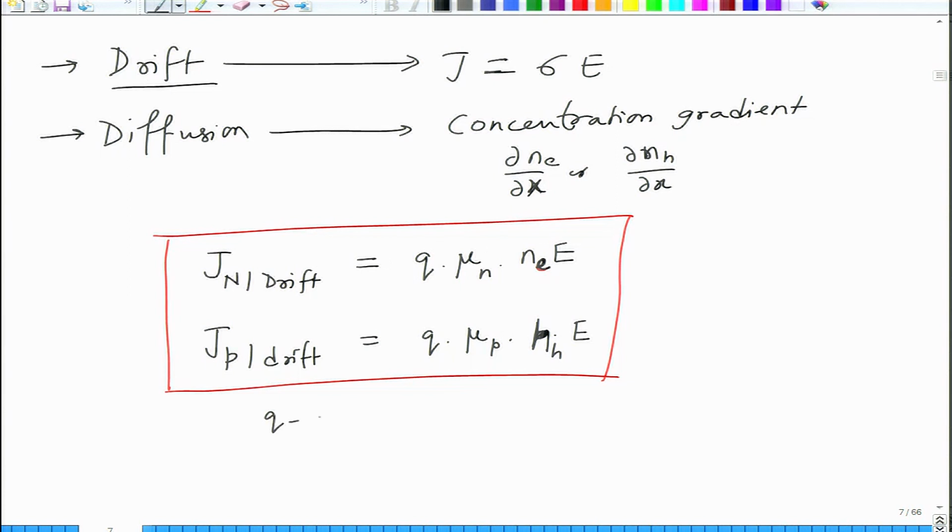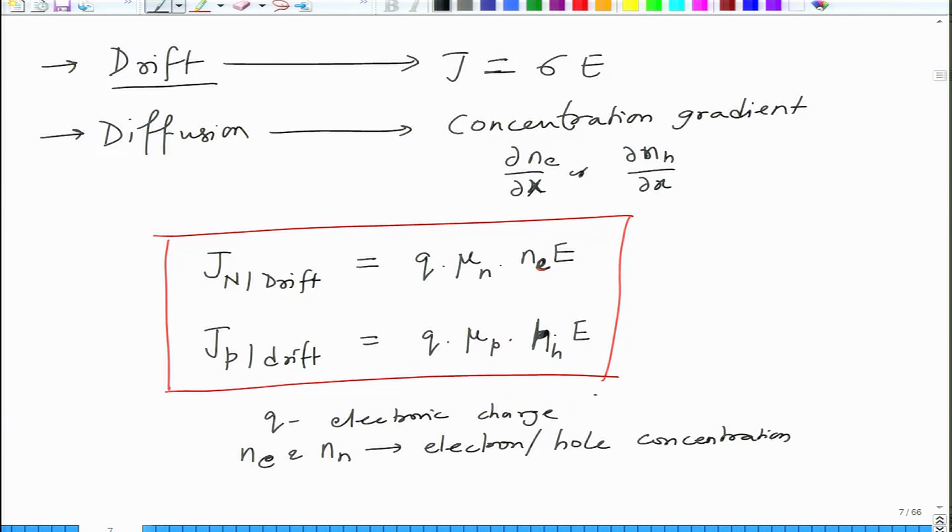So, q is the electronic charge, in Coulomb. Ne and Nh are the electron and hole concentrations, typically in per centimeter cube or per meter cube.